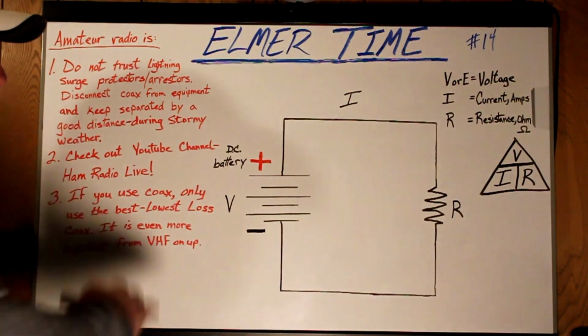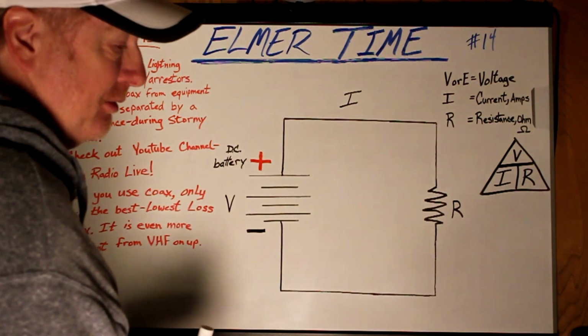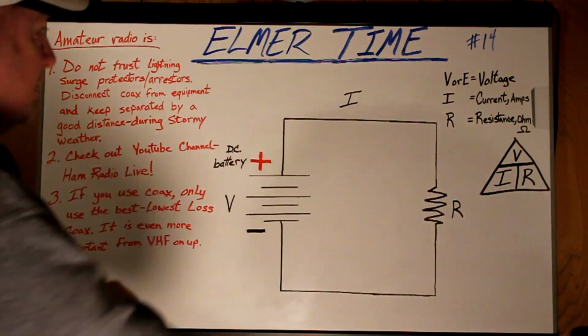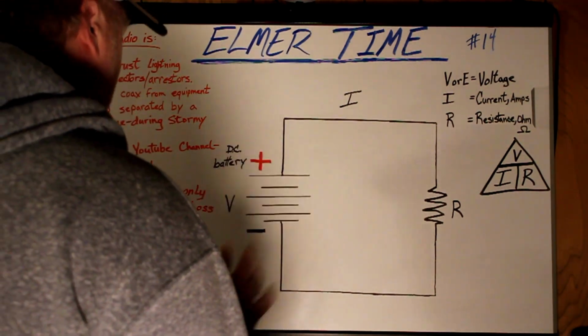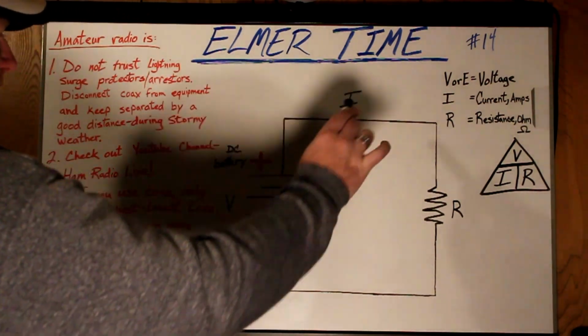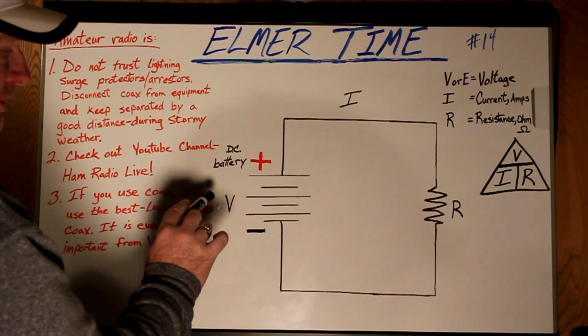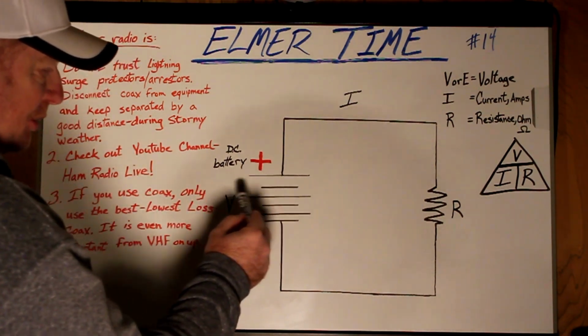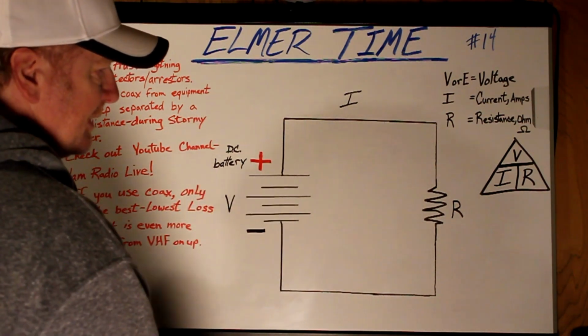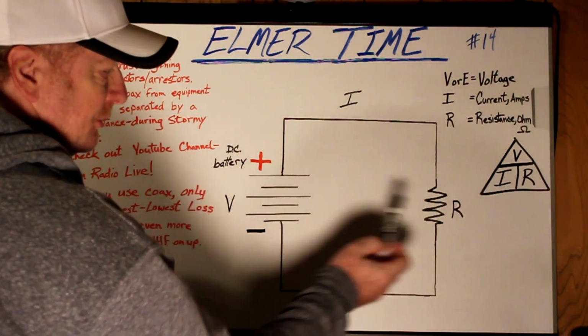Okay, here we go. Did all this prior to putting the camera back on, just to save a little time. So here's your basic electrical circuit. Here's a DC battery. This is the symbol for a direct current battery. Here's the symbol for a resistor.